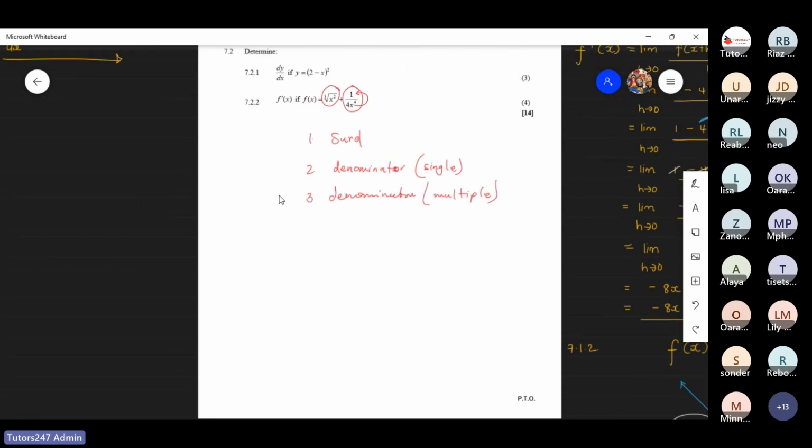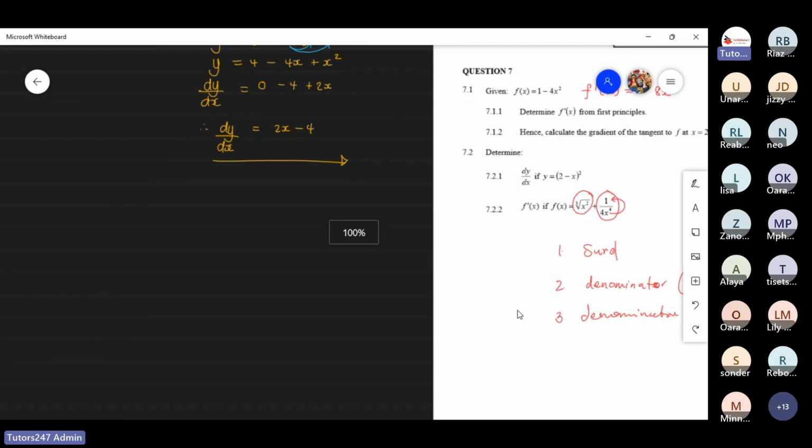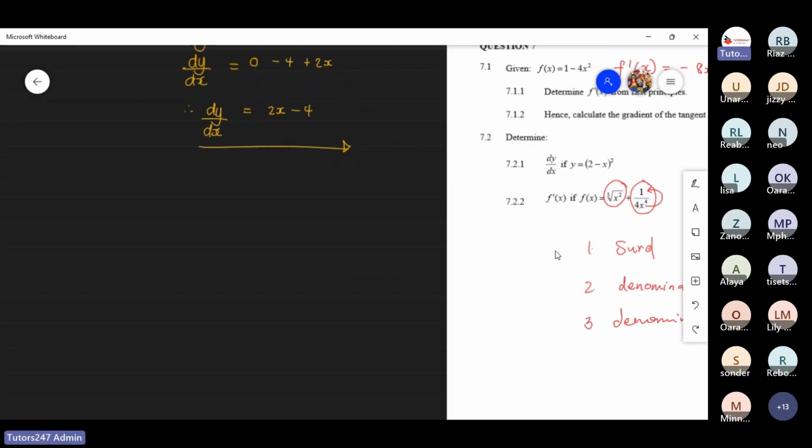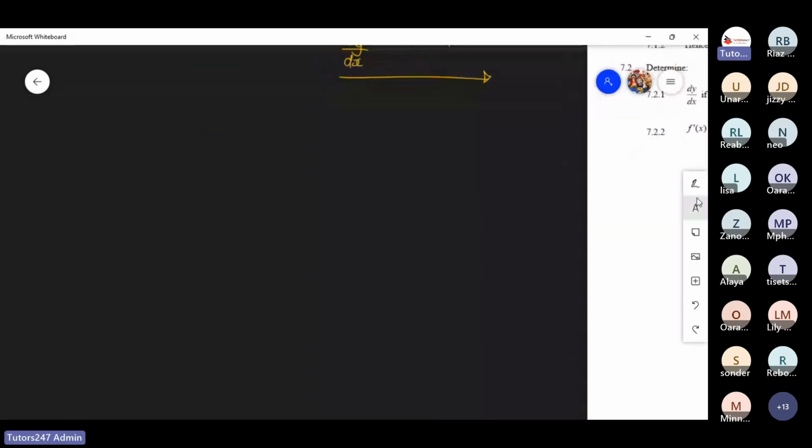So let's have a look at question 7.2.2. We've got f of x is equal to the cube root of x squared plus 1/4 x to the power 4.